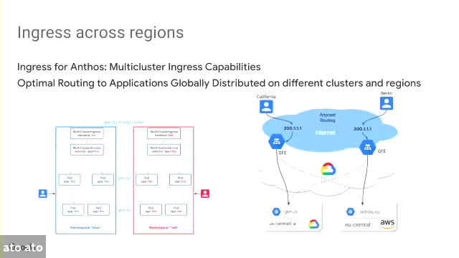I'll show you a global load balancer that will be set up using this technology that we call MultiCluster Ingress. You would have heard about Google's network. Google's points of presence are best in class. They're in every location in the world.